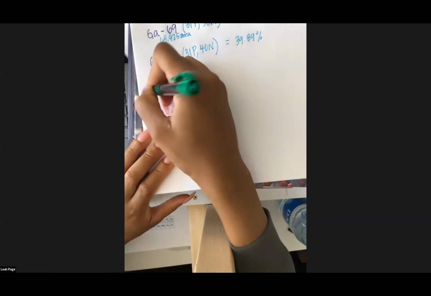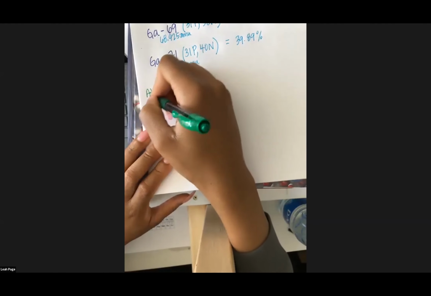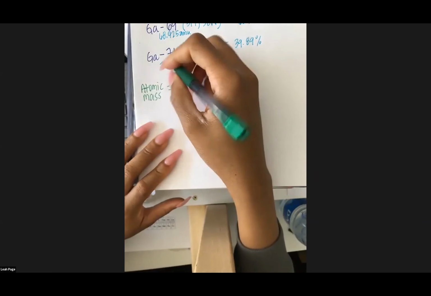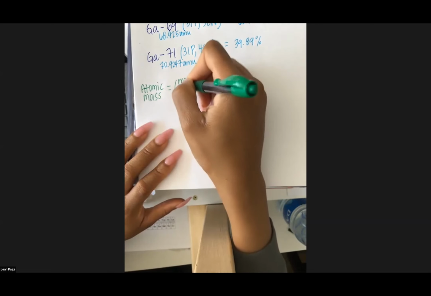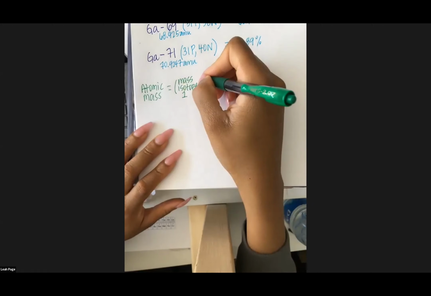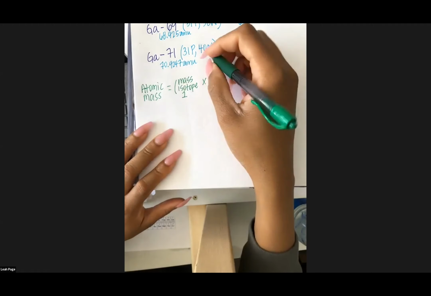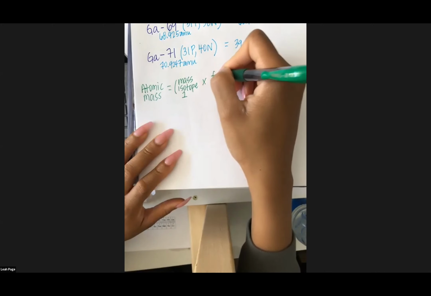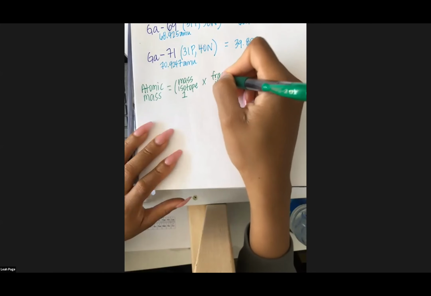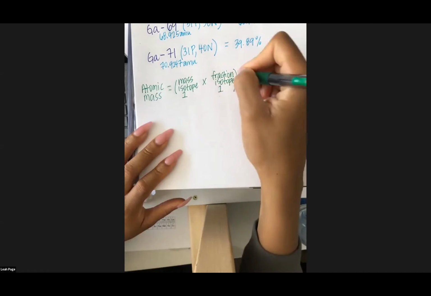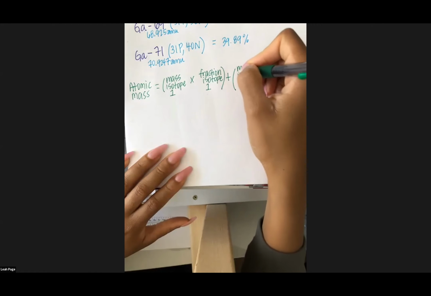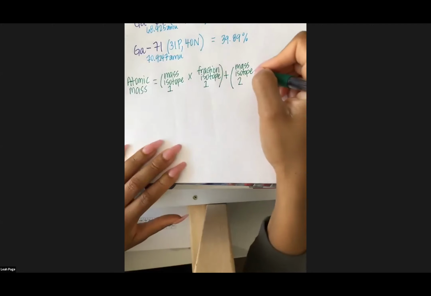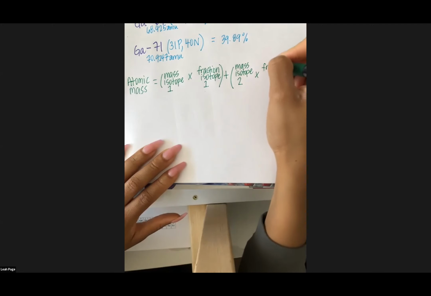I can say that the atomic mass is equal to the mass of isotope 1 times the fraction of isotope 1, plus the mass of isotope 2 times the fraction of isotope 2.